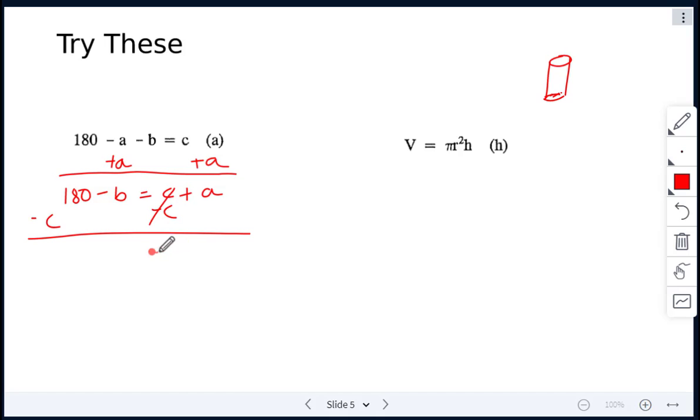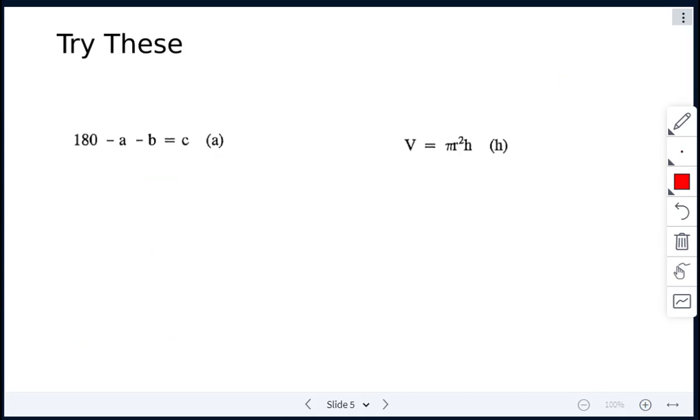And then I'm left with a on the right-hand side, and that leaves me with 180 minus b minus c. All right, so that's a equals 180 minus b minus c. If I write that out. Okay, that would be the equation when solving it for a.